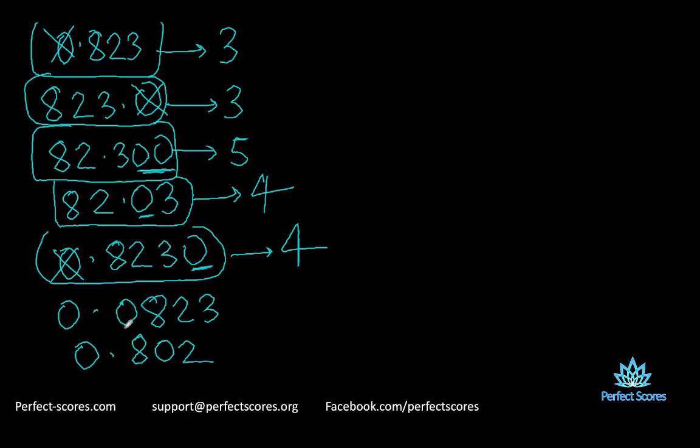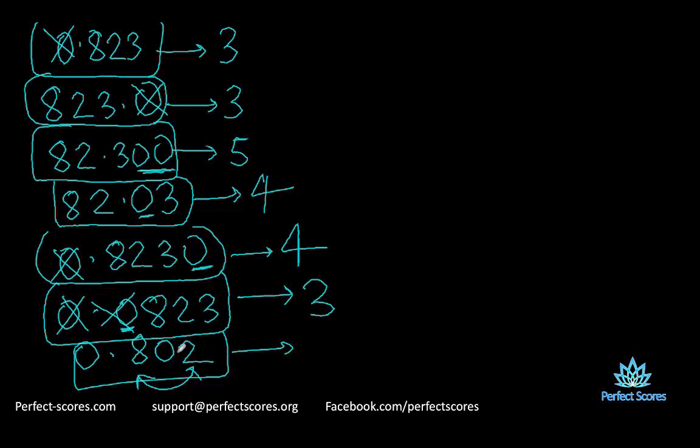Now this one is right after a decimal point, and the value is less than 1. So this is insignificant, this is insignificant, so you have 3 significant figures. In this case, the 0 is not right after a decimal, and it's between 2 non-zero digits. So they're all significant. This one is not. So you have 3 significant figures.